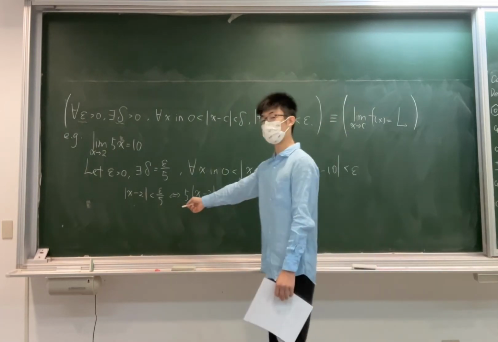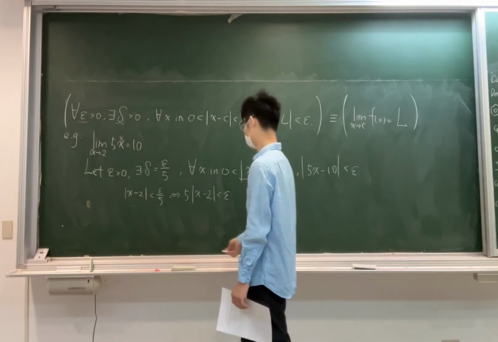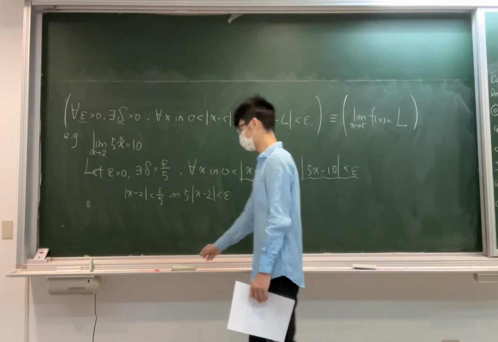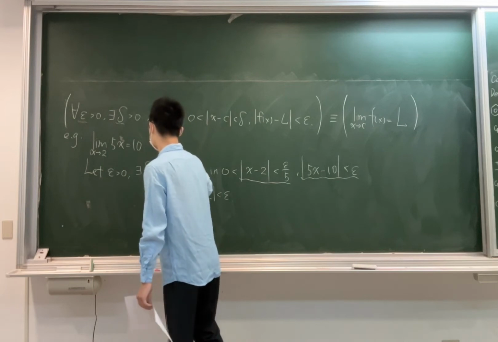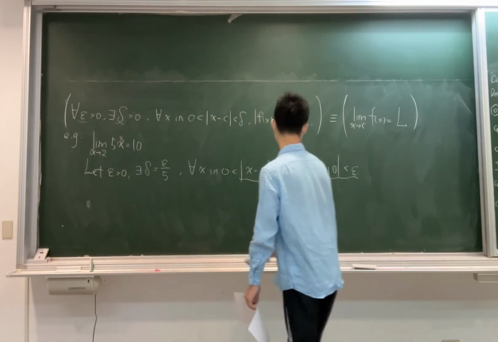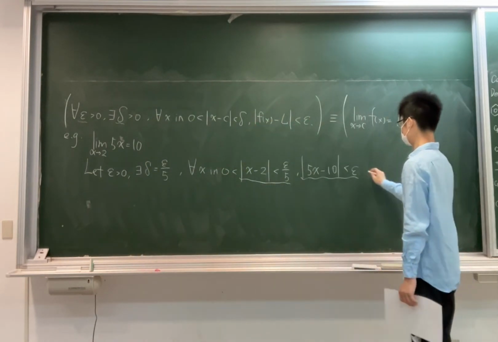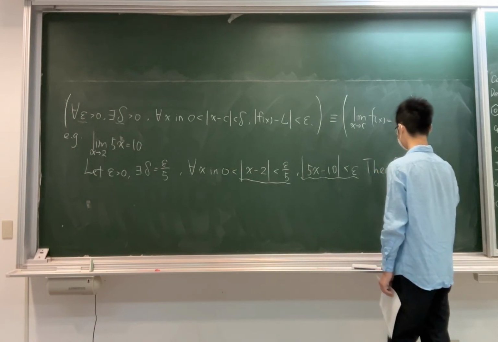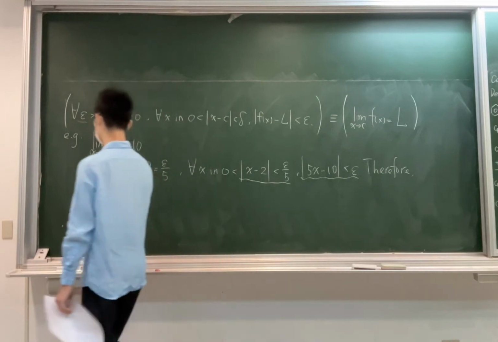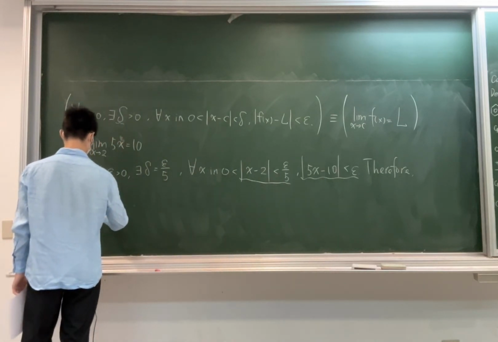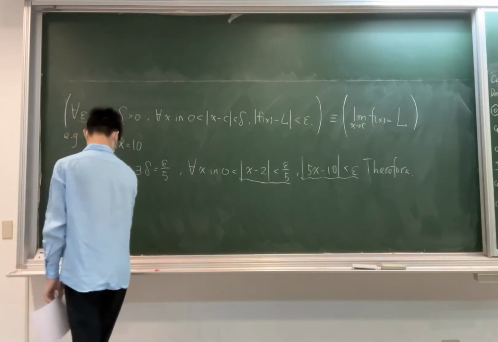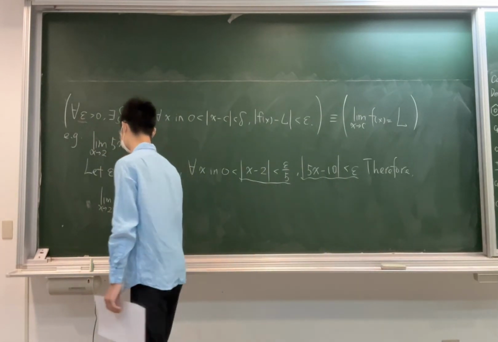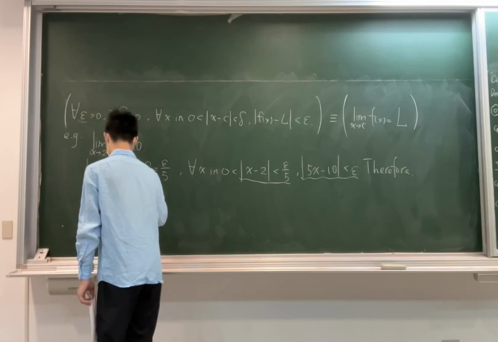Then we take the 5 into the absolute value, and this inequality appears. So this is quite trivial. Okay. Therefore, the limit of f of x as x goes to 2 is 10.